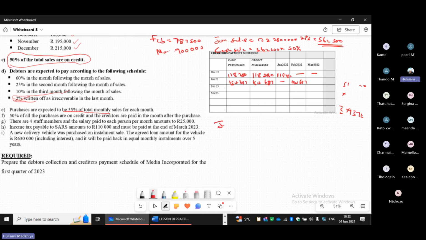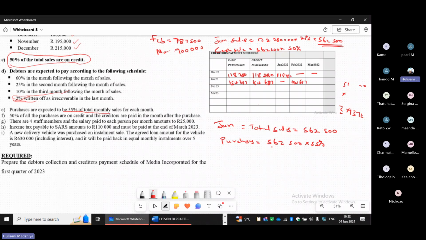Okay, January. For January, we need the total sales. Total sales equals 562,500. Purchases of January equals 562,500 multiplied by 55%. The reason we're doing this is because it says that purchases are expected to be 55% of the total monthly sales for each month.